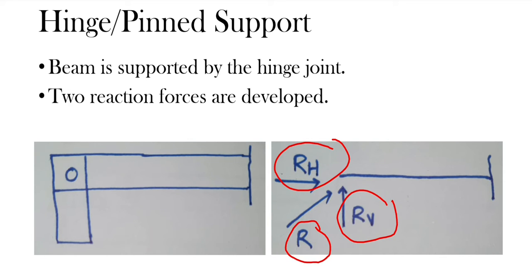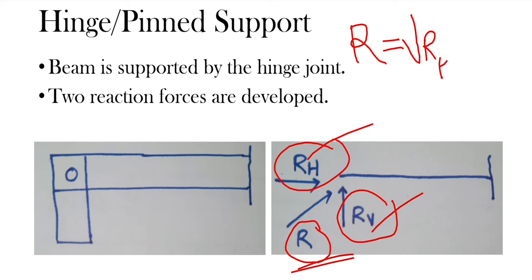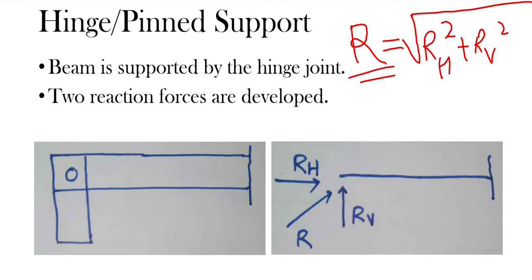So we are composing these two forces and finding the resultant R. What will be the formula of R? R is equal to under root of RH square plus RV square. From this expression we can find the magnitude of R, and for the direction of R we will use alpha.